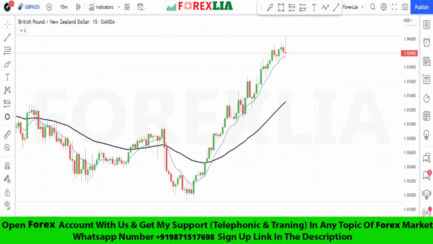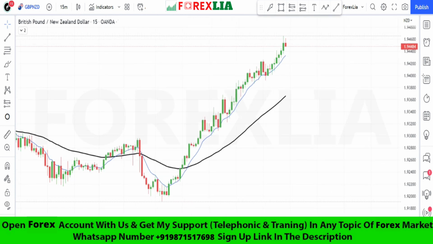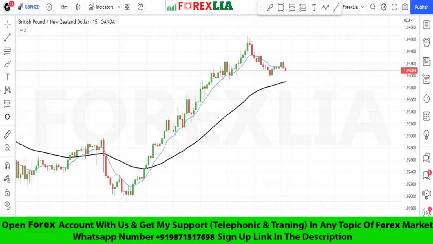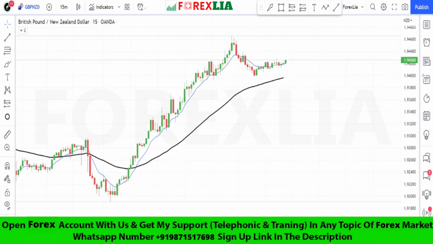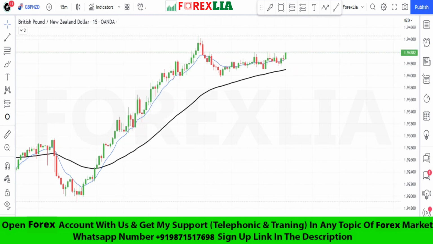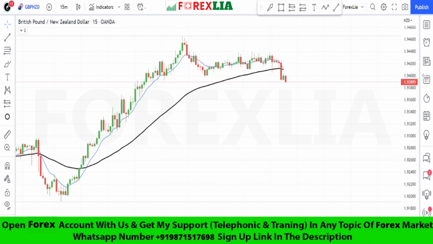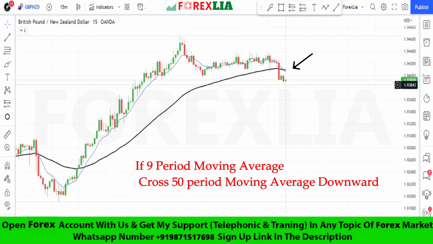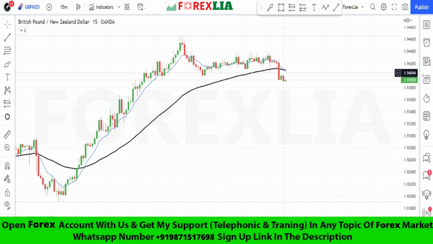If 9-period EMA cross 50-period EMA downward, then we take a sell trade. Here is sell signal confirmation. We place sell trade here.